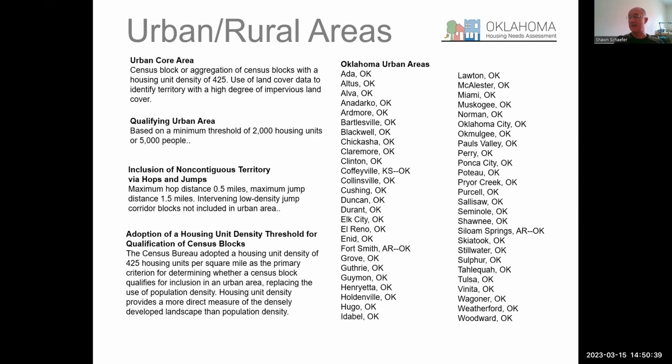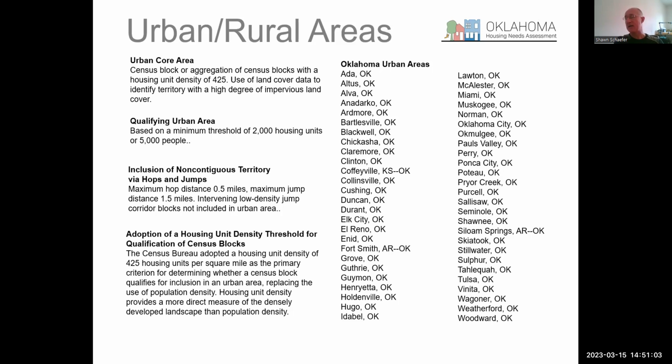So basically areas with 425 housing units per square mile, right? In a census block, that's the primary criteria for something being classified urban. It also must have a minimum threshold of 2,000 housing units or 5,000 people within a contiguous area.